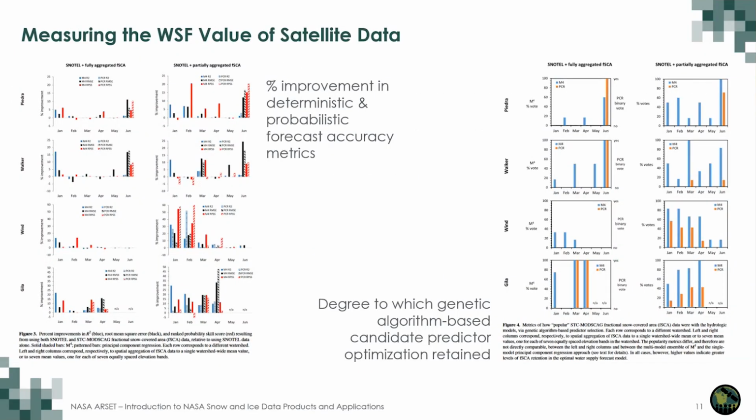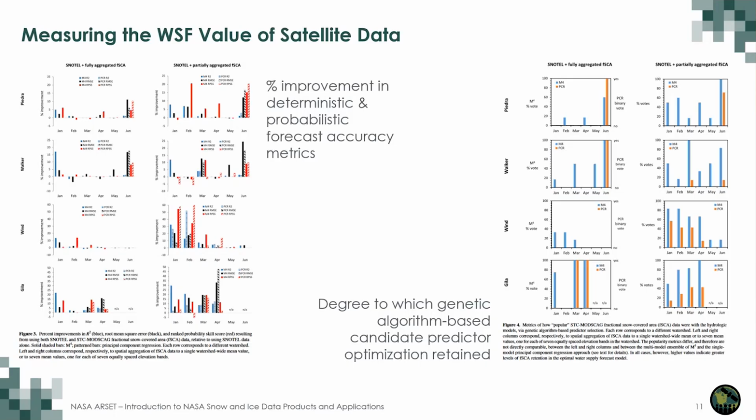So getting to some of the punchlines, don't worry, I'm not going to review these rather busy graphs in detail here, but just a word about how we measure the water supply forecast benefit of satellite data in the context of M4 and the version of the linear model that we used as well. There are kind of two sets of metrics. One is the percent improvement in both the deterministic and probabilistic forecast accuracy metrics.